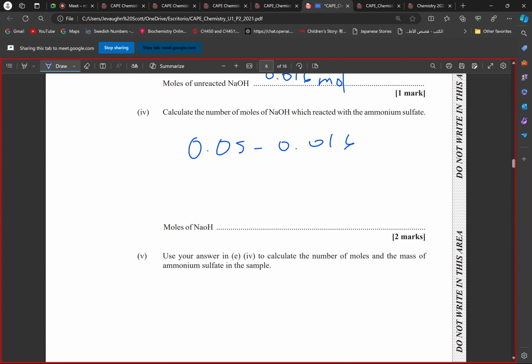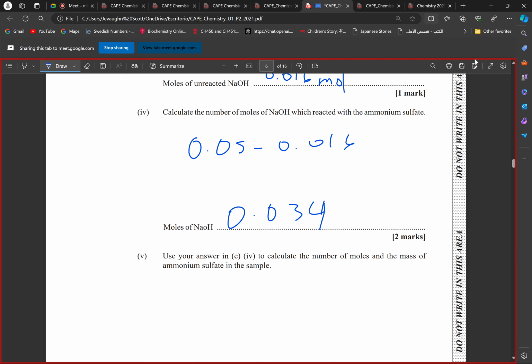So in that case, that is the reaction. So it's a 1-to-1? Okay, you're asking if it's a one-to-one ratio.